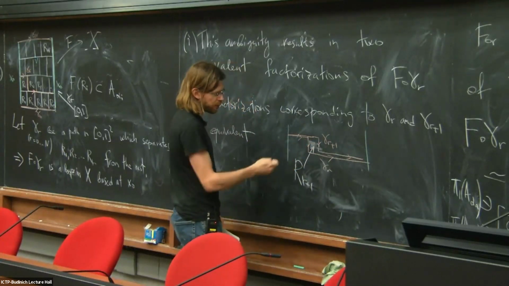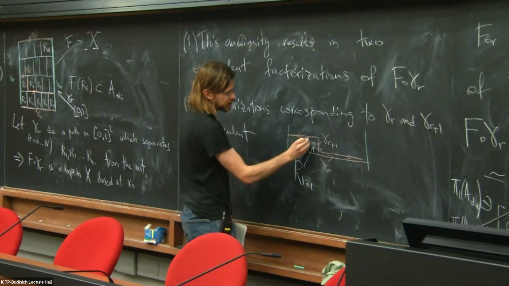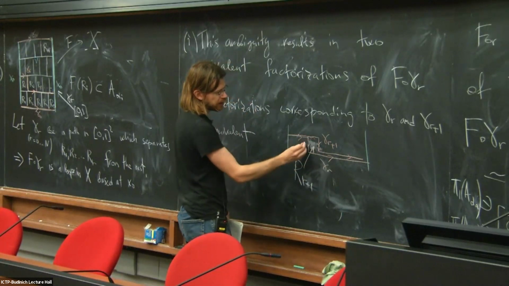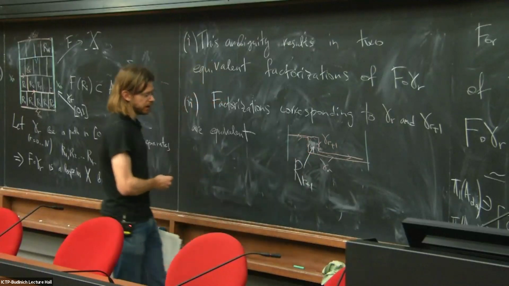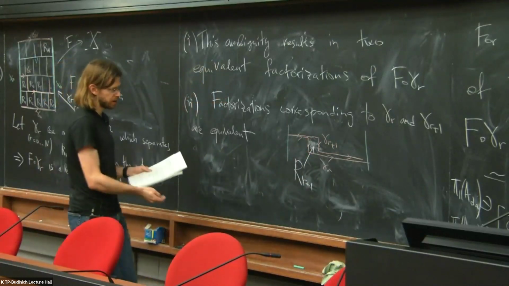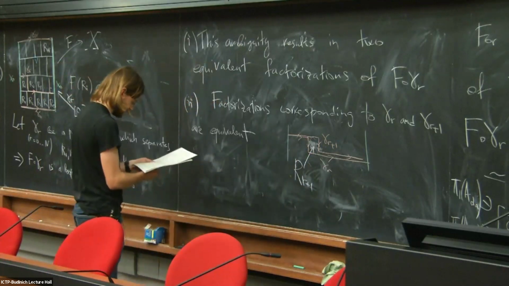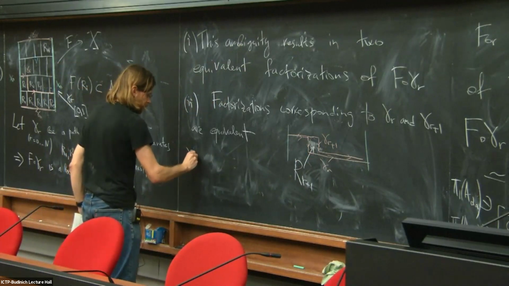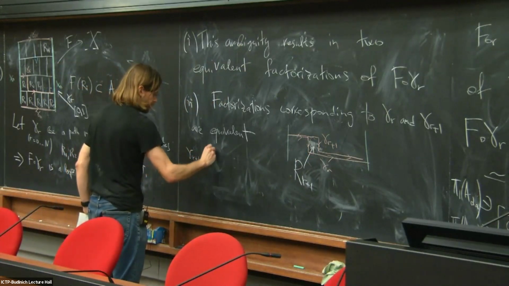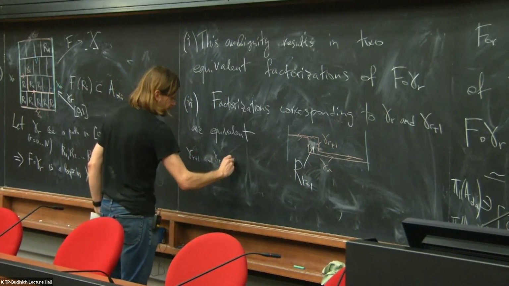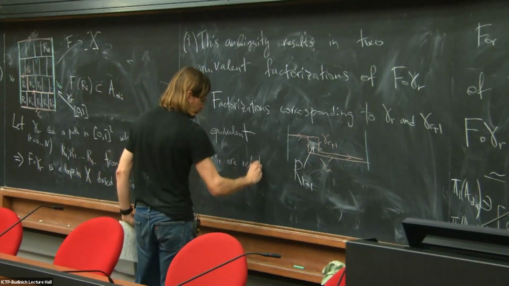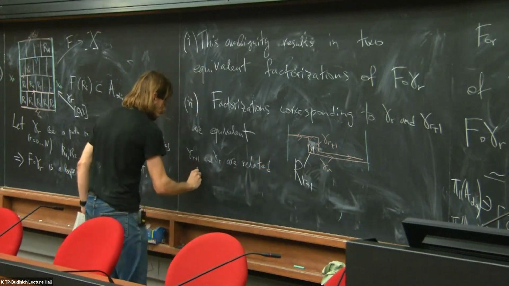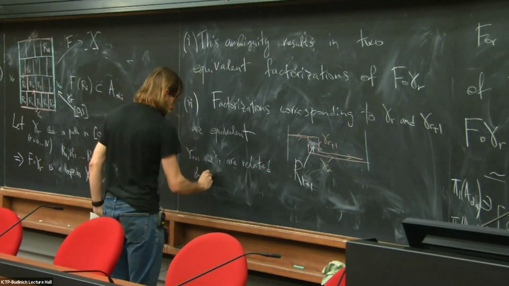You can always choose a homotopy, for example a linear homotopy, so that at any value of the homotopy parameter this path stays entirely in this small rectangle, capital R with index r plus 1. So you can say that gamma r plus 1 and gamma r are related by homotopy.